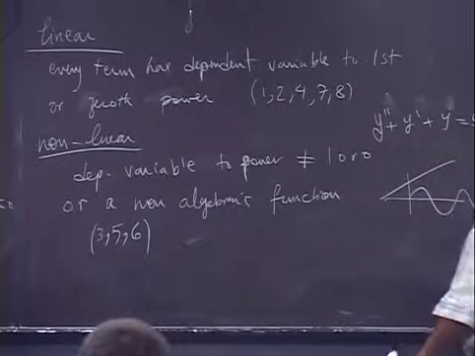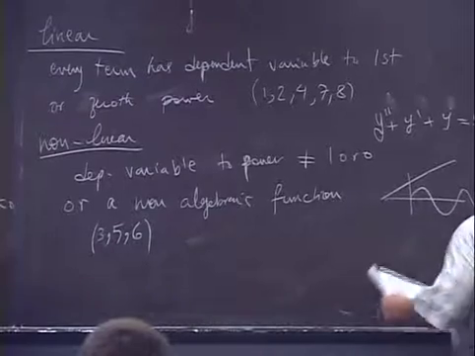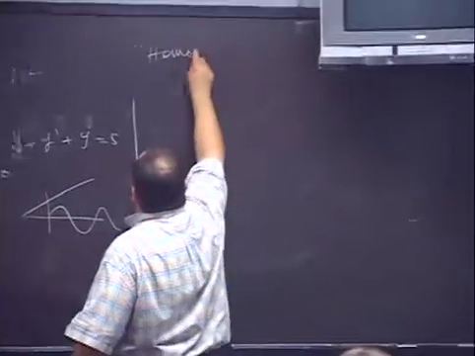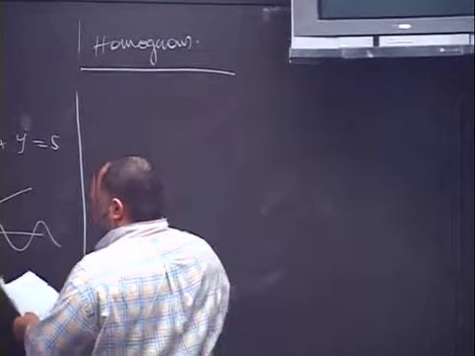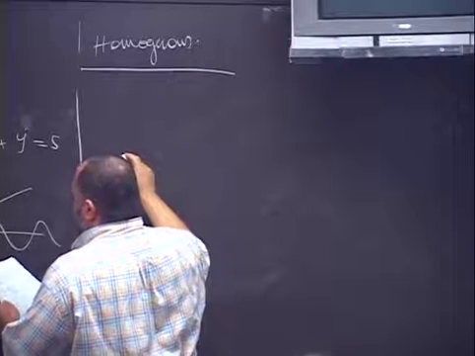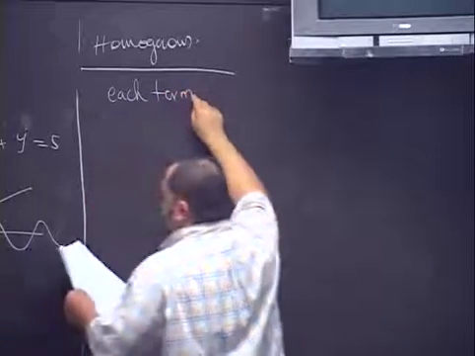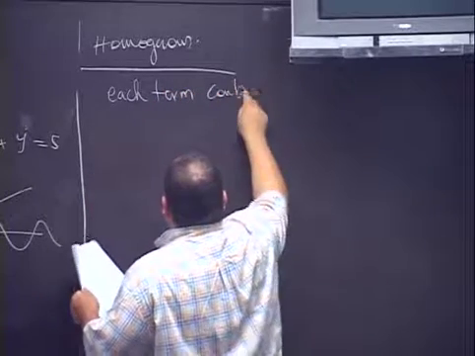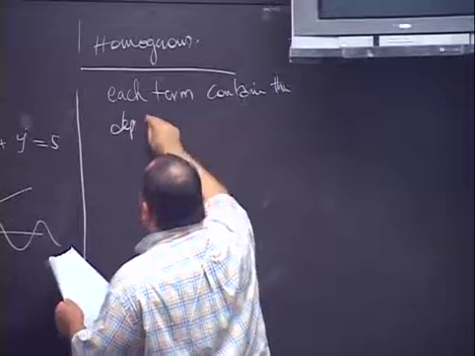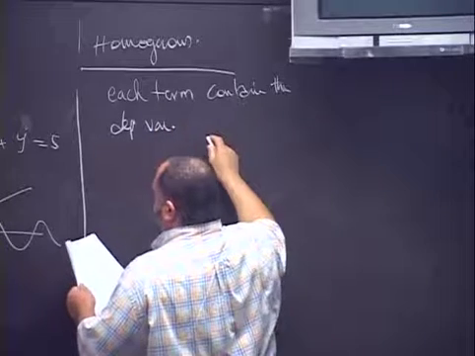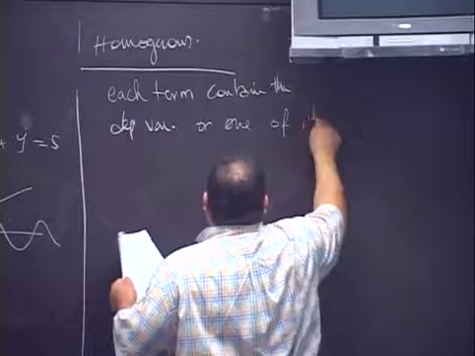So I already defined the homogeneous, and I will define the inhomogeneous equation also. Homogeneous equations are those equations where each term contains the dependent variable or one of its derivatives.